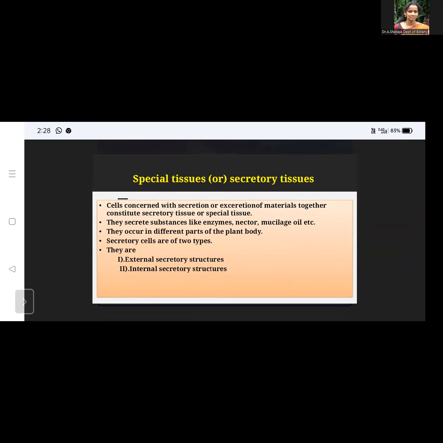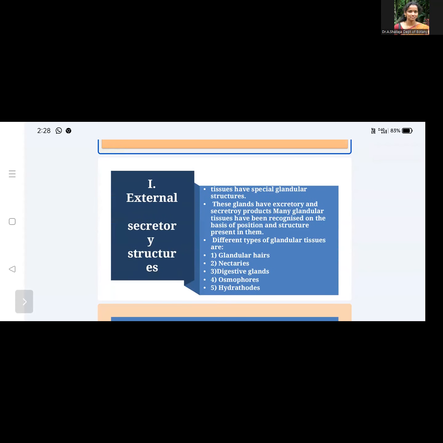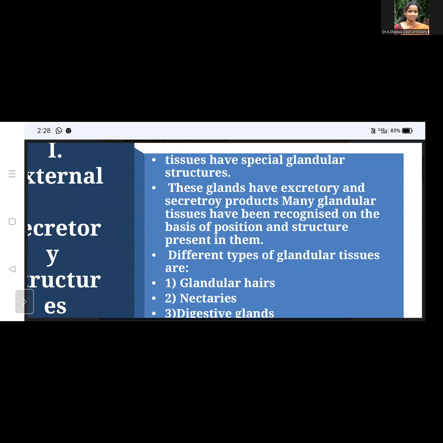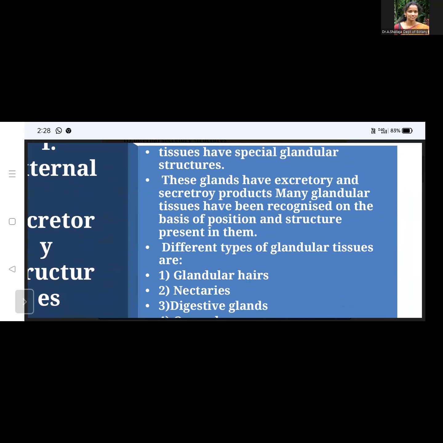First, external secretory structures. These tissues have special glandular structures. These glands have excretory and secretory products. Many glandular tissues have been recognized on the basis of position and structure.